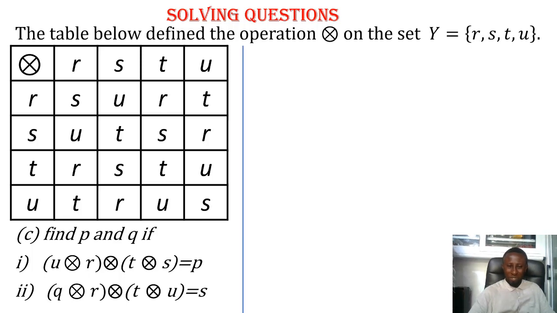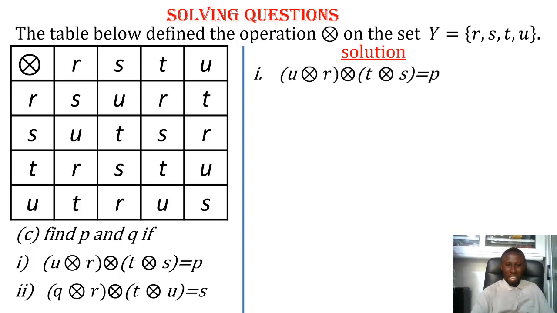So with this, let's compare our answers. This is our first solution, right? In our table, U, the operation sign here, R. So U operation R. Where is U? Our U here, U operation R is what? T. So that's our T, right?